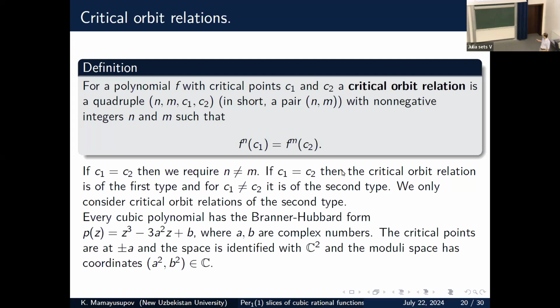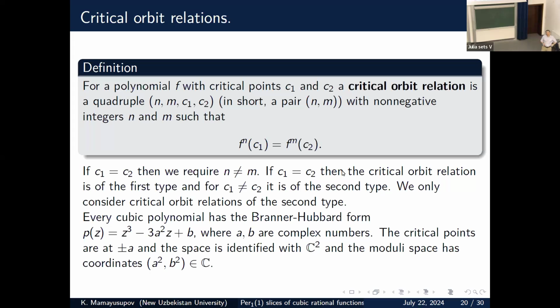You can, of course, start with our parameterization, or you can do better by considering all the space of cubic maps. So you can consider the Brandner-Haber form. It has this form, and what's nice is that your critical points are at plus minus a now.